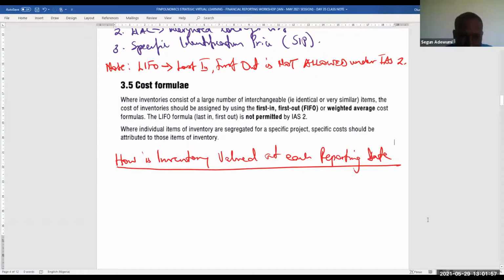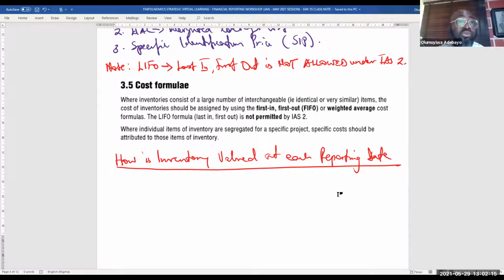The LIFO formula, last in, first out, is not permitted by IAS 2. Where individual items of inventory are segregated for a specific project, specific costs should be attributed to those items of inventory.